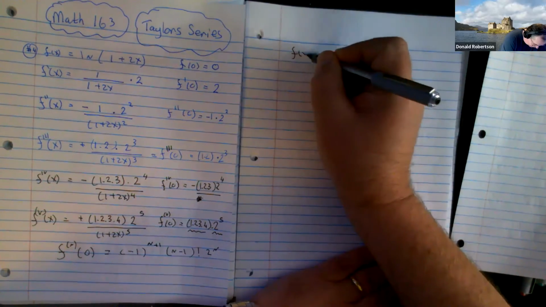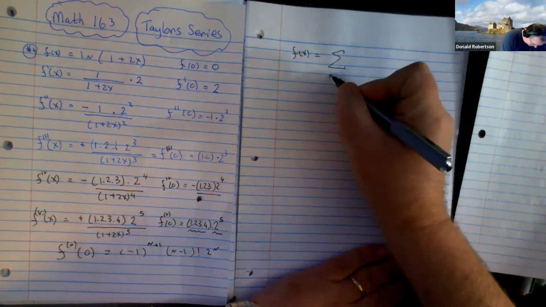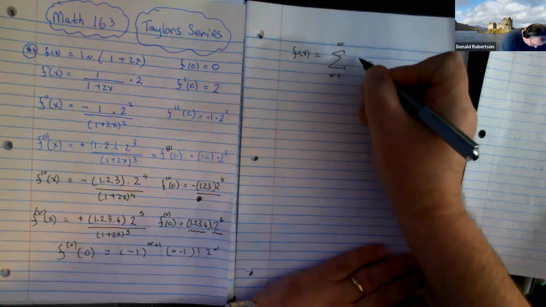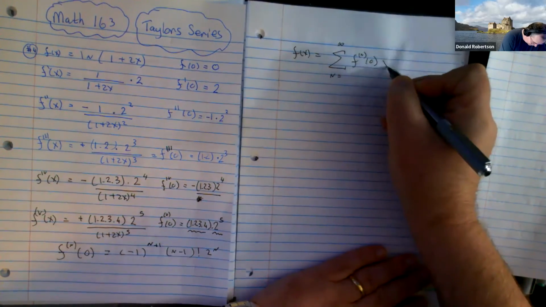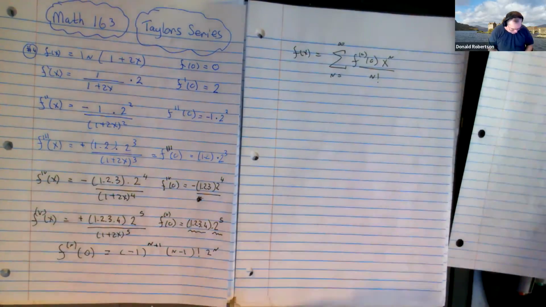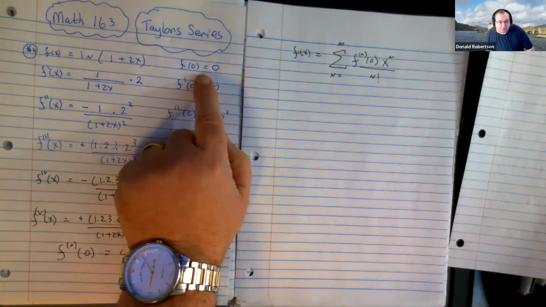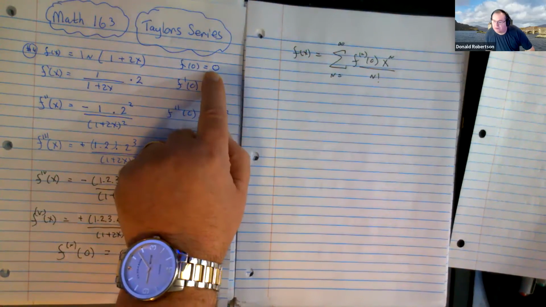So the power series, the sum of everything, Kira, is going to be the nth derivative at 0, x to the n over n factorial, right? In this particular question, do you notice that the value of the function at 0 is 0?